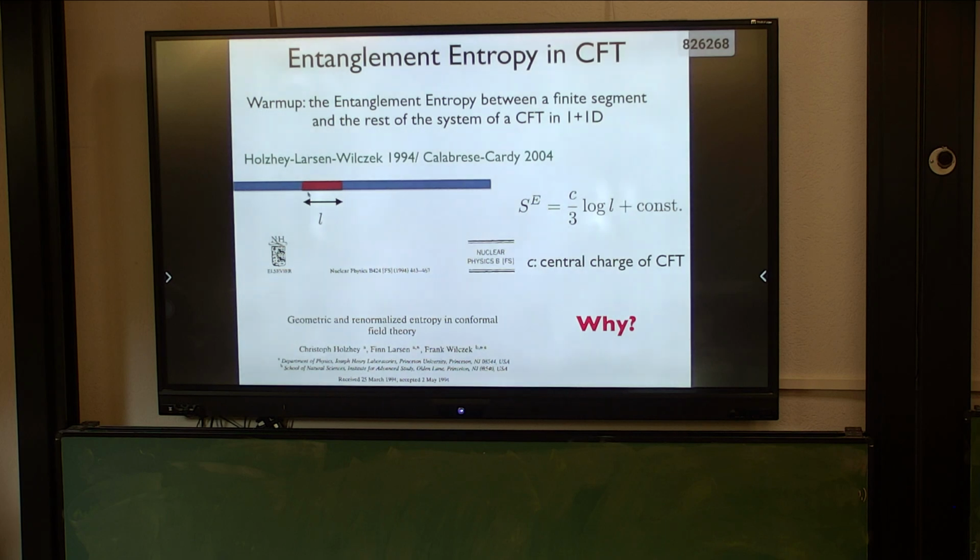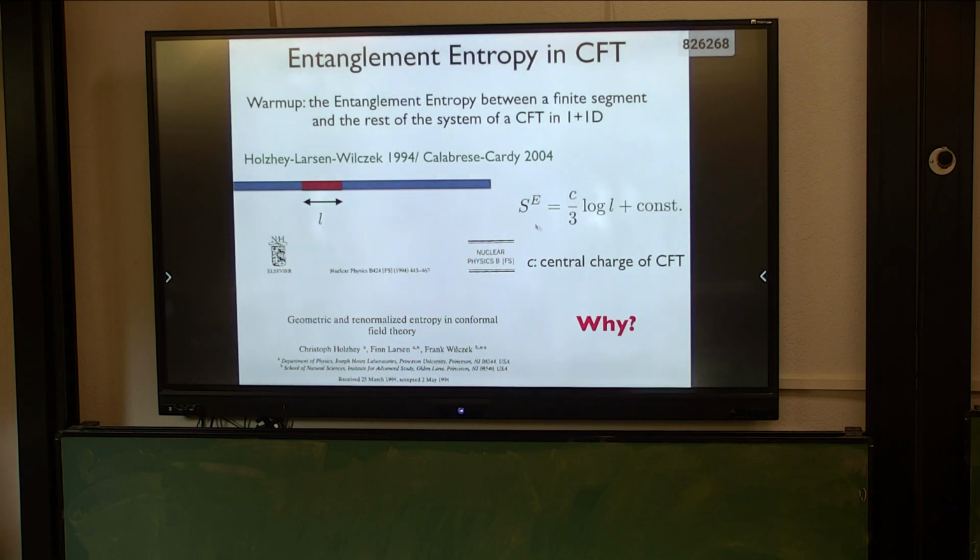And I virtually cut a finite segment of length L. Then consider the entanglement entropy between this red region and the rest of the system, the blue region. And this is a very well-known problem. In the condensed matter literature, this is often attributed to the Calabrese-Cardy paper, but much earlier, this problem was studied by Holzhey, Larsen, and Wilczek in '94.